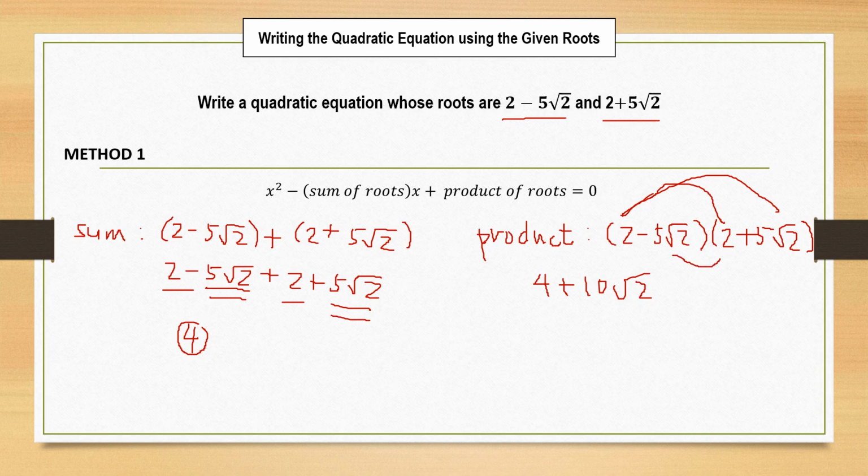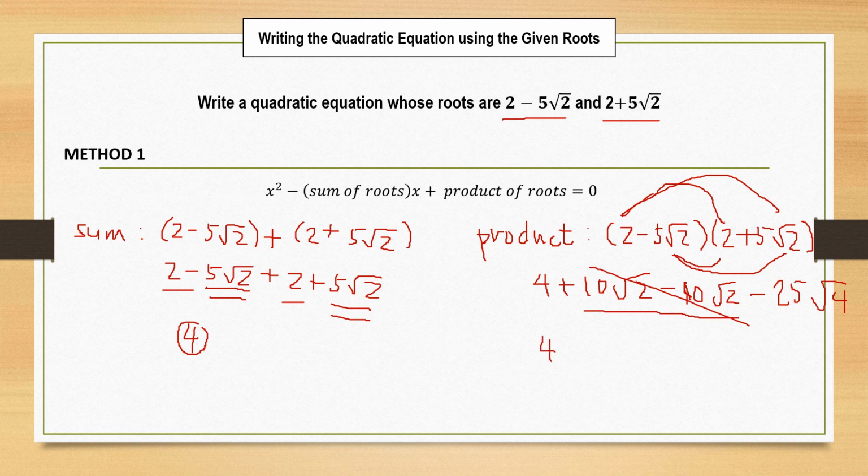Negative 5 square root of 2 times 2 is negative 10 square root of 2. Negative 5 square root of 2 times positive 5 square root of 2 is negative 25 square root of 4. Combining like terms, 10 square root of 2 and negative 10 square root of 2 will give us 0. So the middle term will be cancelled.